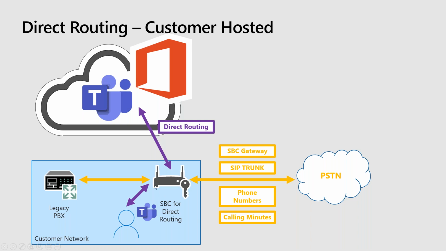And of course, additionally, this SBC is hosted at the customer side, so it can connect over the network to the legacy PBX. So in this case, we can also integrate with this legacy PBX and make sure that we are moving users between legacy PBX and Teams, but still have connectivity between the existing legacy users and Teams users.